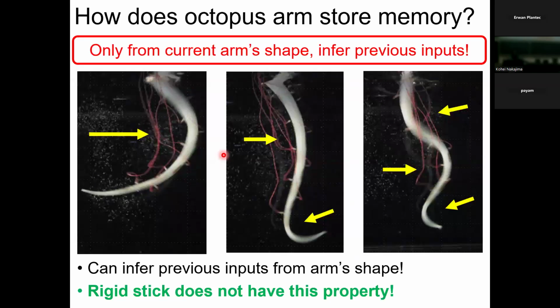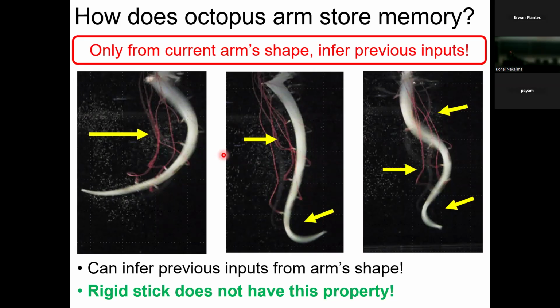Yes, and also, how does this octopus arm store memory? This is, I mean, very intuitive, but I think this is very important. As I said, this readout is static, so there's no memory in the readout part. We only check the current posture, since we embed bending sensors inside.